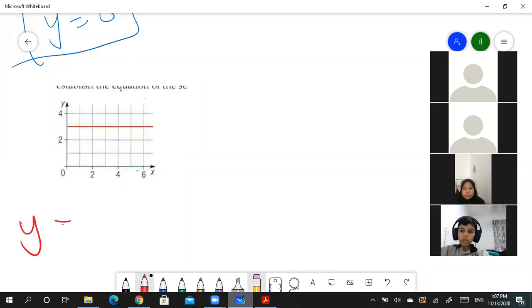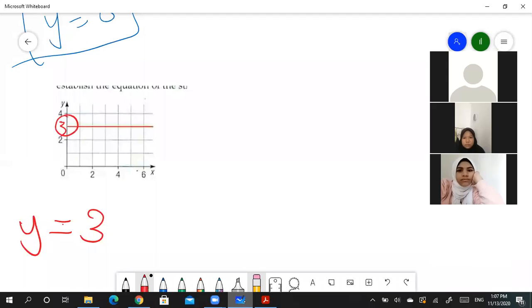The function will be y equals 3. One value of y, right? Only one value of y. For any point on x, we have one value of y. So we're not going to have x in our function, right?